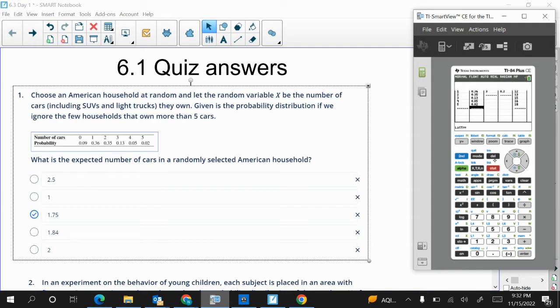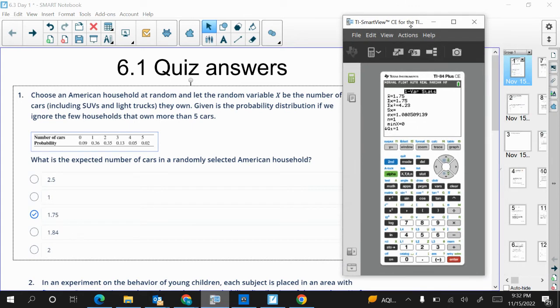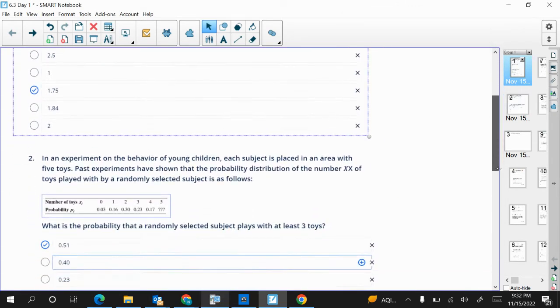Alright, so it's in my list now. I just go stat, calc, 1-var stat, L1 to L2. Calculate. Boom, my mean is 1.75. Remember, mean and expected value are the same thing here.